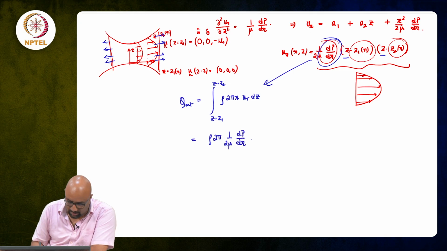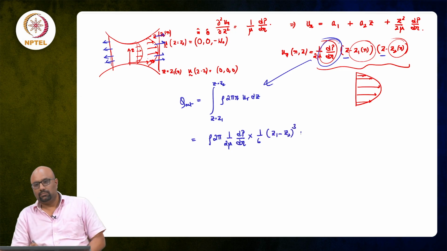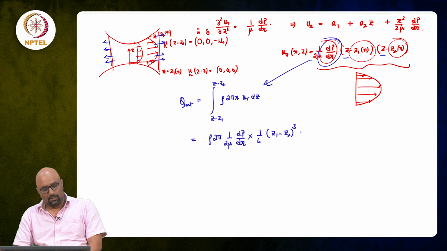So, I will take out all the terms that are constant, and by doing this you get rho 2 pi 1 by 2 mu dp dr into 1 by 6 (z1 minus z2) cube. It is just doing an integration. What is z1 minus z2?